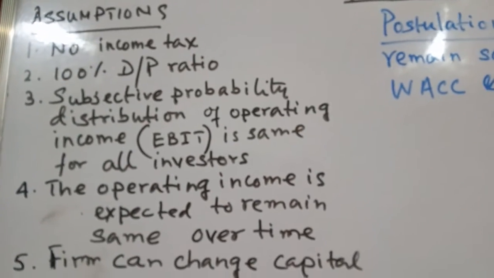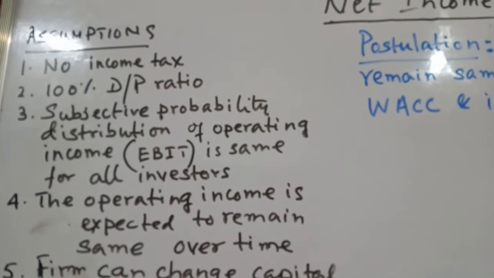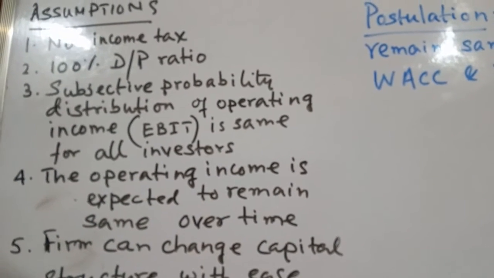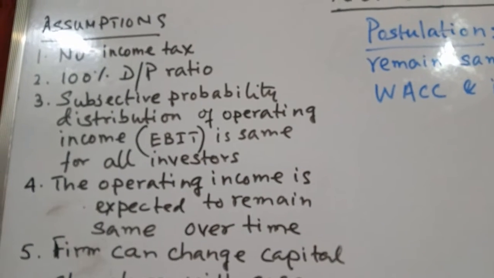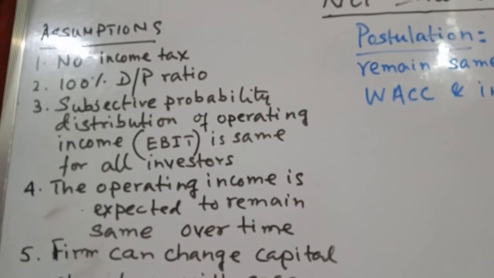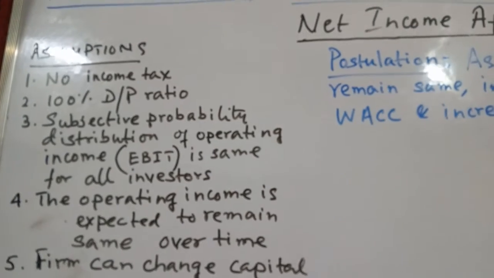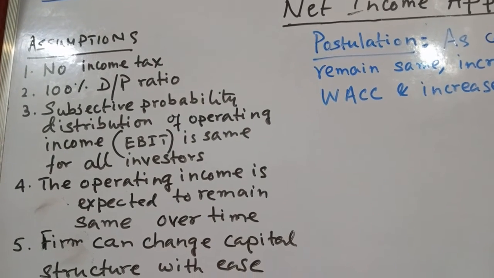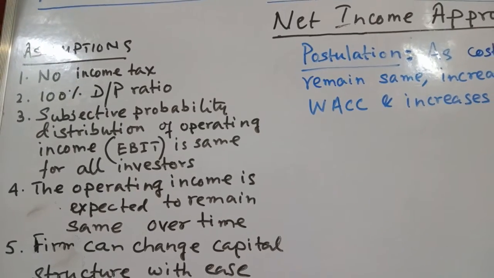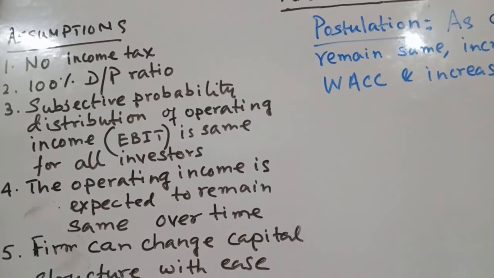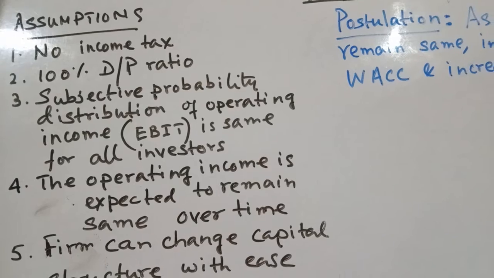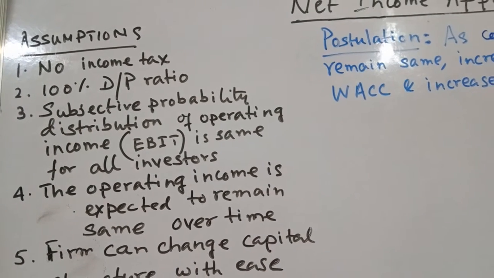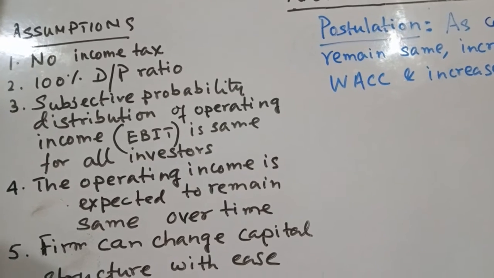Number three, the subjective probability distribution of operating income is the same for all investors. Now, what is subjective probability distribution? This is not an objective distribution. The distribution is subjective, that is, opinions are formed by the investors on the basis of past experience and past information.